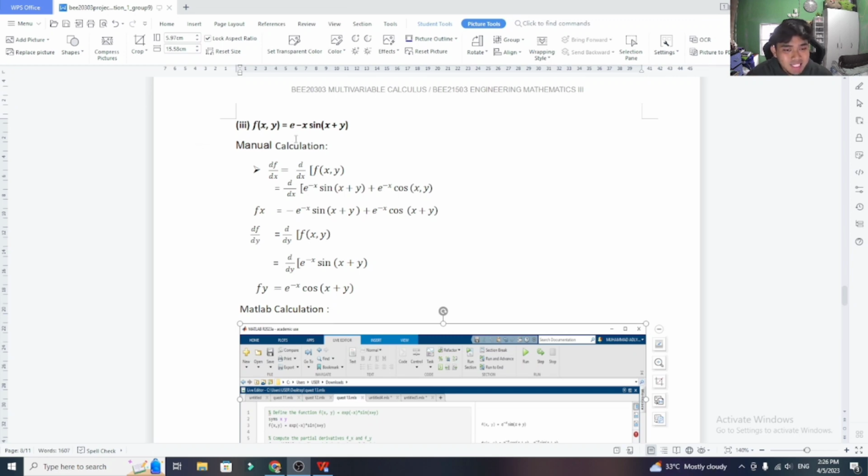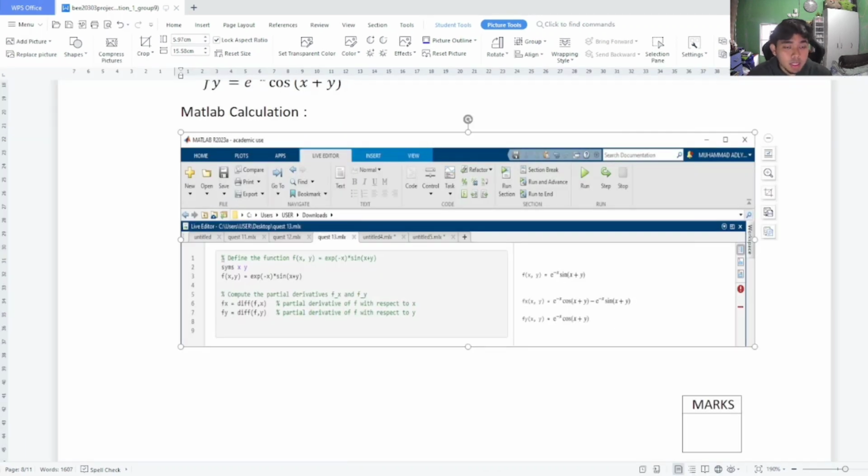I will explain in detail about the MATLAB calculation and also the theory calculation, or manual calculation. In this part, it's the MATLAB calculation. This MATLAB code defines a symbolic function f(x,y) equals exponent negative x times sin(x plus y), and computes its partial derivatives with respect to x and y using the syms and diff commands.